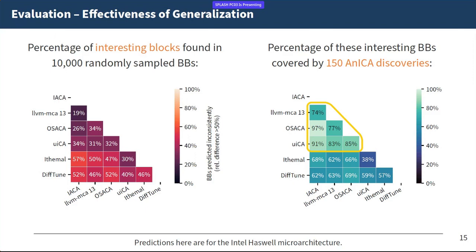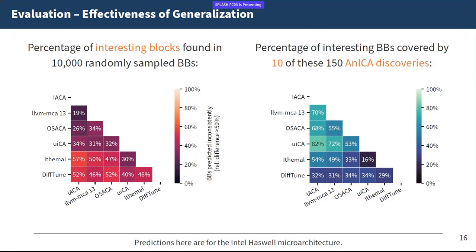The next step that we did was from these 150 AnICA discoveries on each campaign, we extracted the 10 discoveries that were covering the most of the interesting basic blocks and reproduced this heat map with these discoveries only. So here, only 10 of our abstract basic blocks were considered for covering the interesting basic blocks.